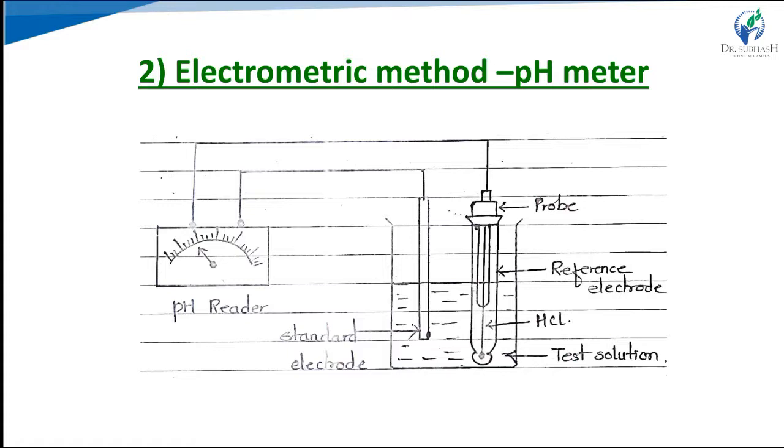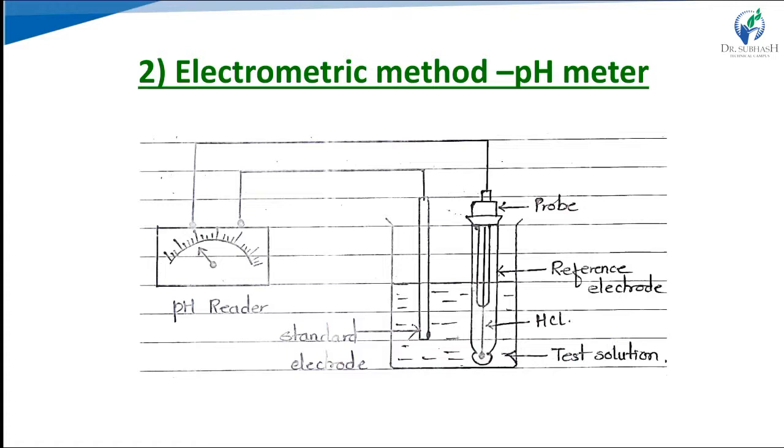In that, the standard or reference electrodes are there. It is made up of a calomel electrode that can be used as the reference or standard electrode. It has a glass envelope containing a glass tube holding calomel, that is mercury or mercuric chloride paste, along with a submerged platinum wire.